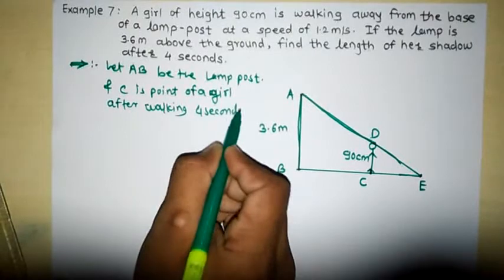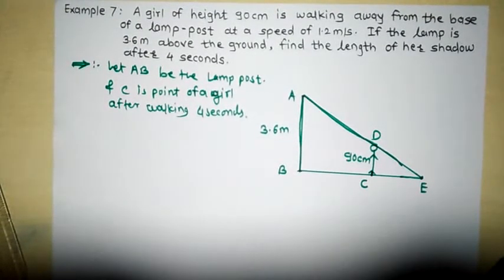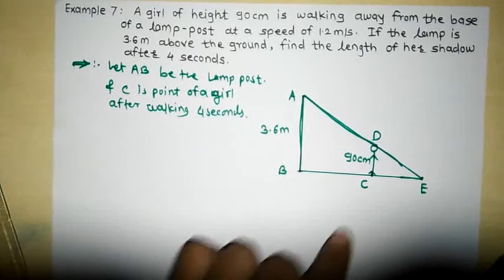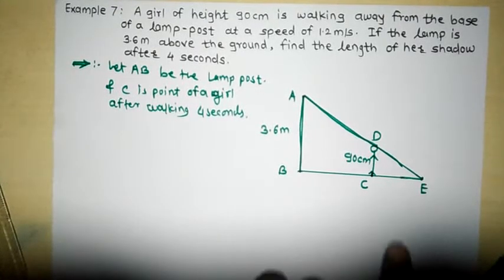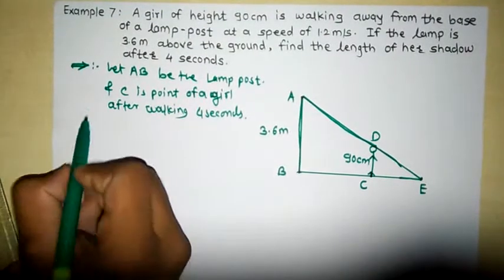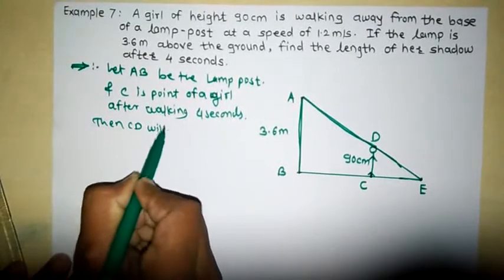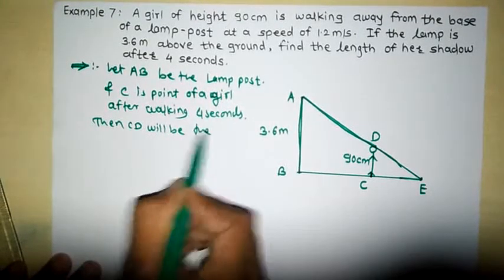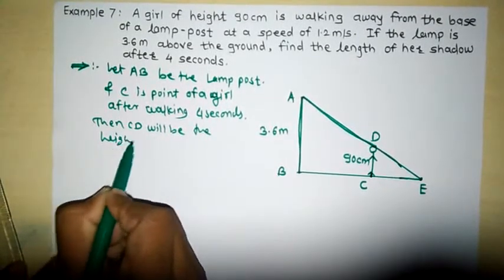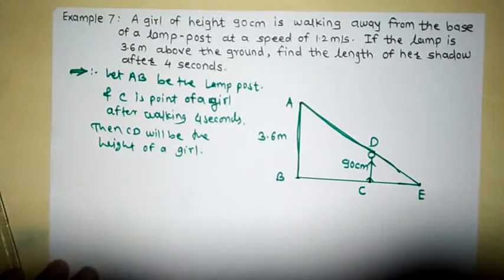After 4 seconds, the point where the girl will reach is C. Then CD will be the height of the girl.